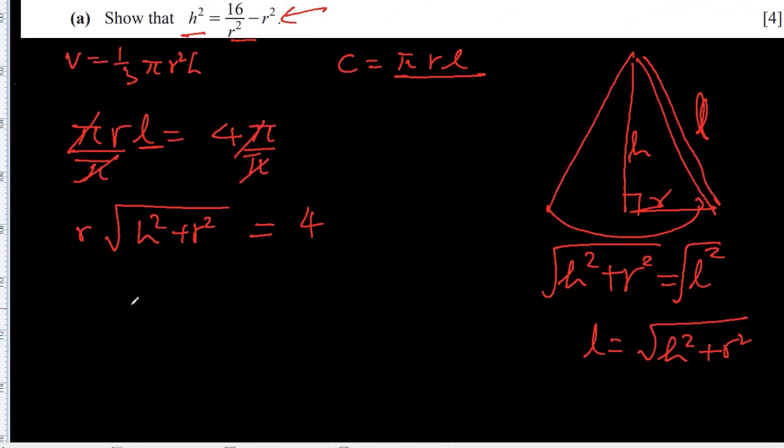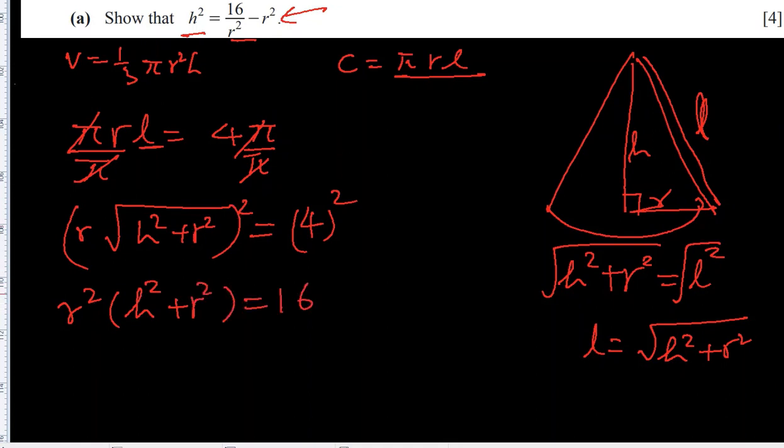Now we have to square both sides to get rid of this square root. So let's square here, it becomes r square times h square plus r square, square root is gone, and it is equal to 16. And they want us to isolate h square.